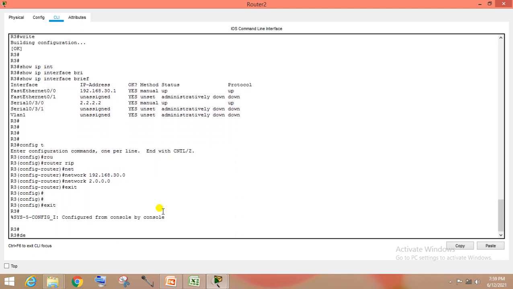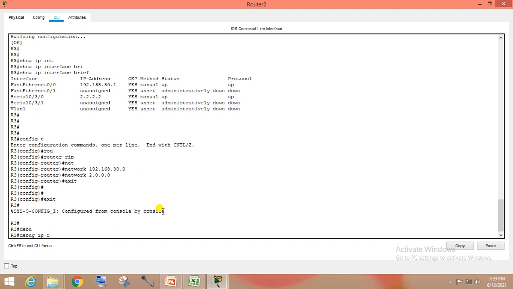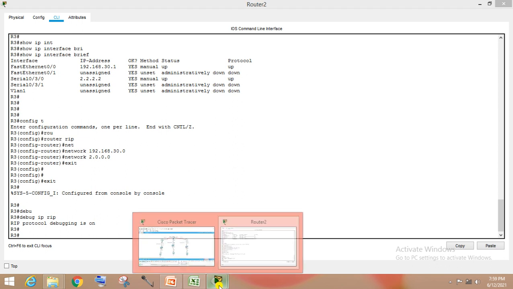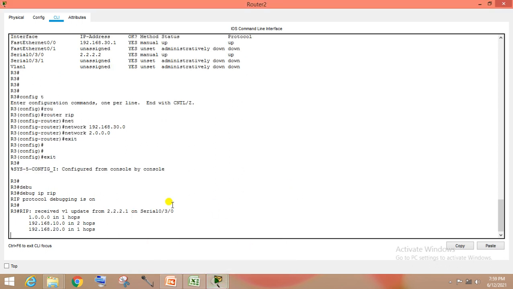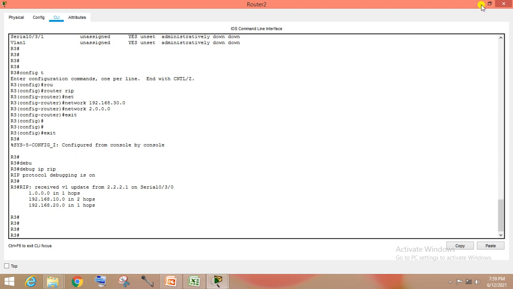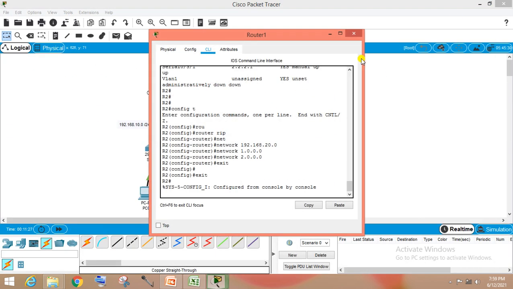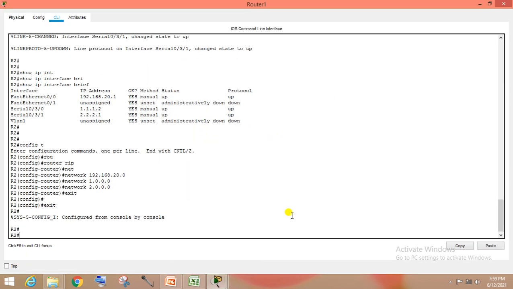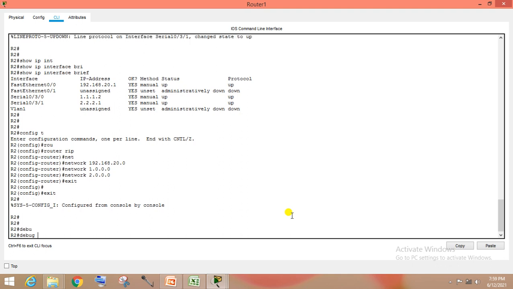With one command, debug ip rip, to check whether updates are going there. The same we are doing here also: debug ip rip.